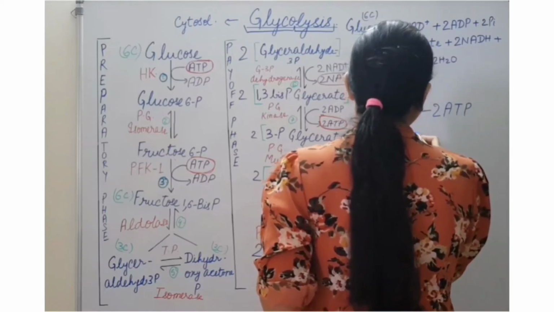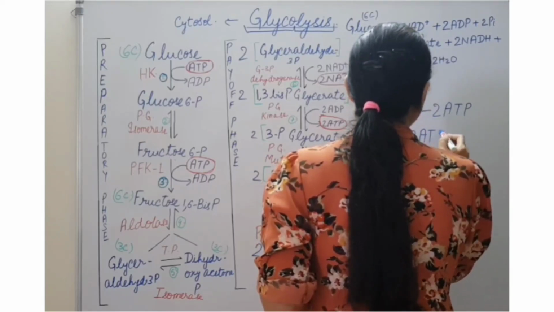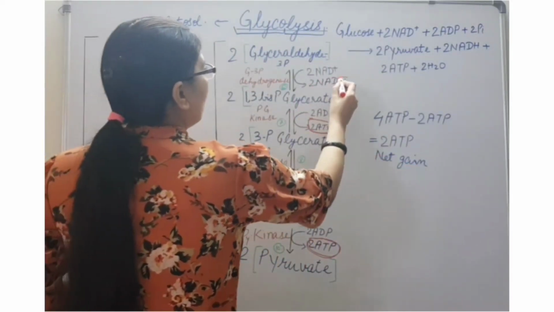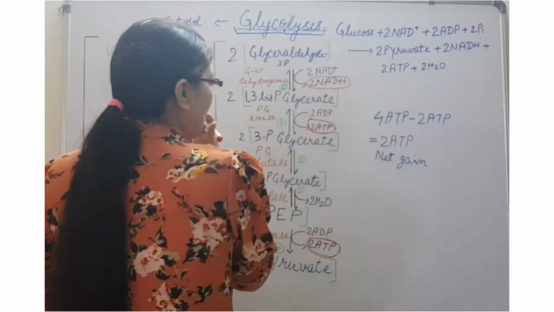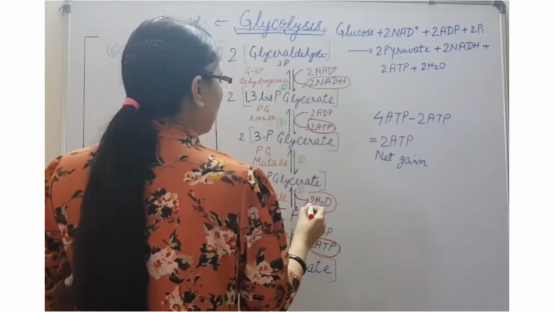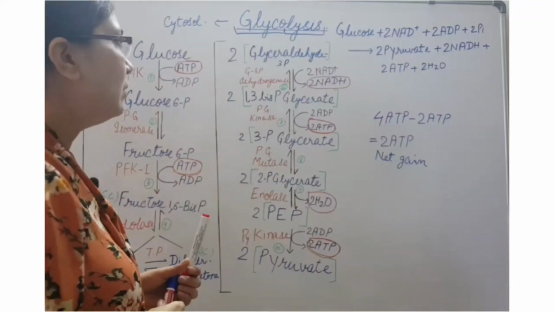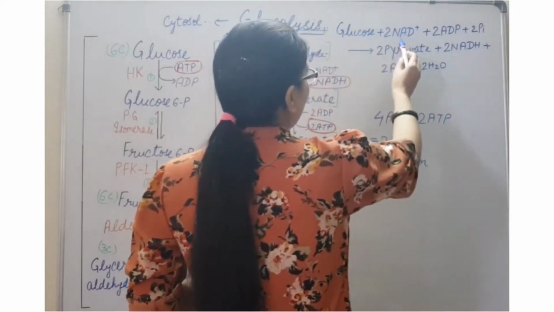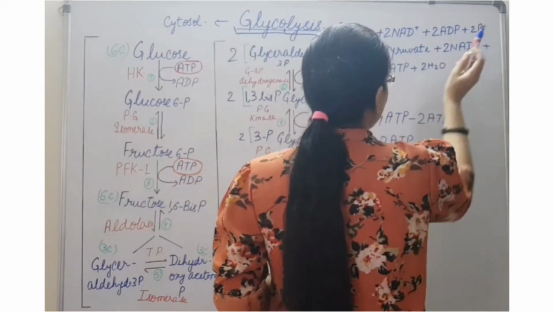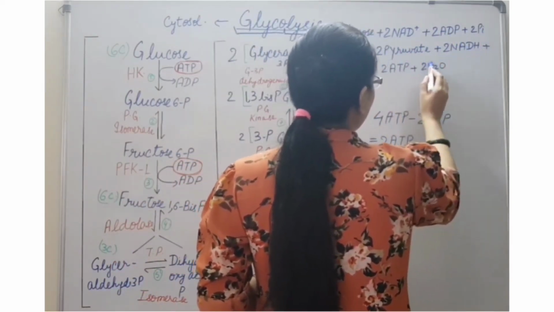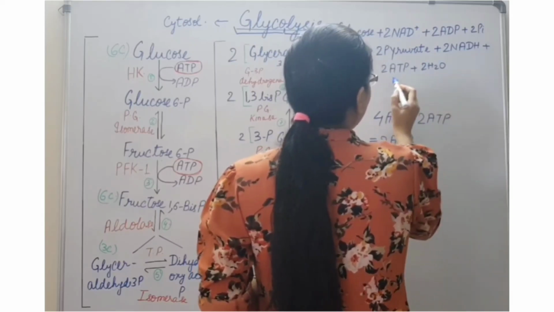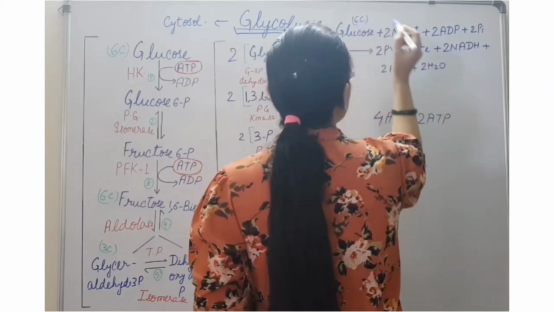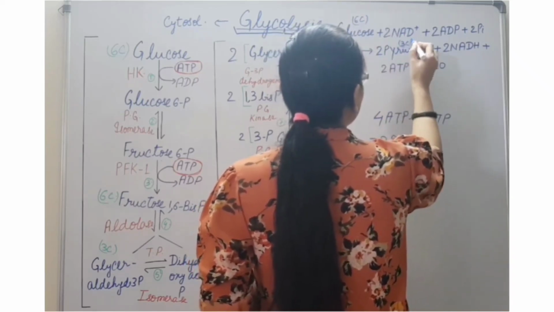We can say the net gain is 2 ATP molecules. 2 molecules of NADH are produced, 2 molecules of water are released. So if we see the overall reaction, glucose plus 2 NAD plus 2 ADP plus 2 inorganic phosphate gives 2 pyruvate molecules, 2 NADH, 2 ATP and 2 H2O. Glucose is a 6 carbon compound and pyruvate is a 3 carbon compound.